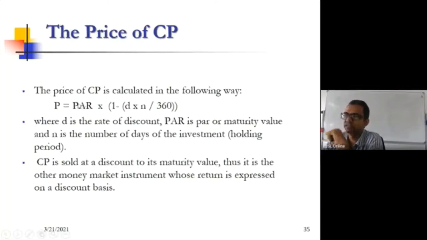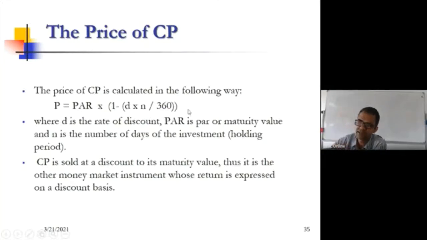Sorry about this. This par is the par value, the face value that you are receiving, times 1 minus discount rate times n divided by 360. You can see this is the same equation that we used: face value times 1 minus discount rate times number of days divided by day basis.